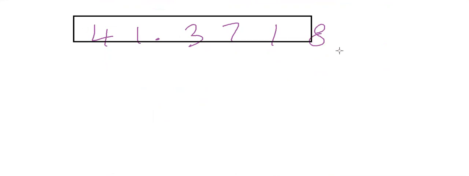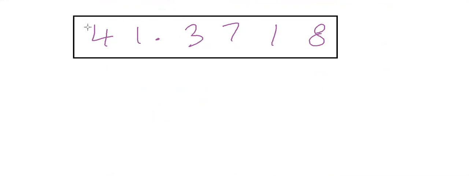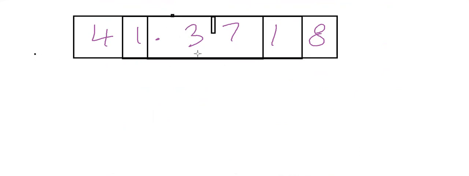So what is the step? First step is I am going to make this in a box. That is the first step. Okay, so I have made this in a box.